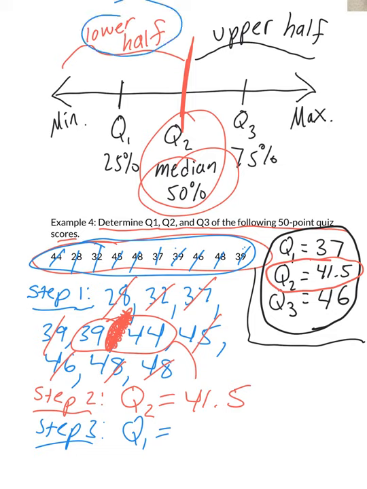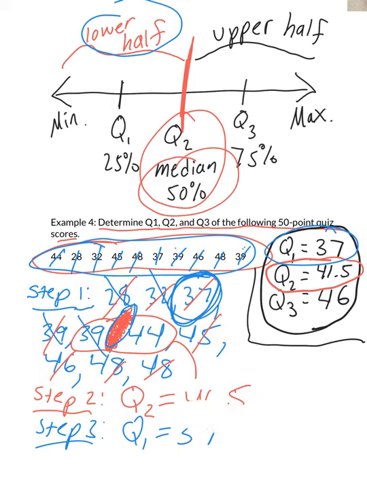So I go back and I slash, in blue this time, just the numbers smaller than quartile 2, everything smaller than 41.5, hence why I drew this divider right here. Everything that comes before that divider, start slashing from each side. So goodbye 28 and 39, goodbye 32 and 39. The middle number, the median of the lower half of the data, I land on 37. And I got that same answer on the calculator.